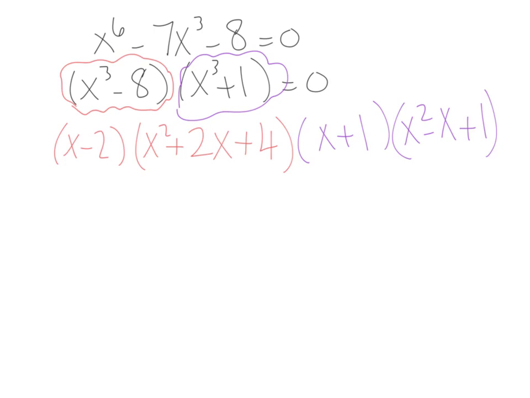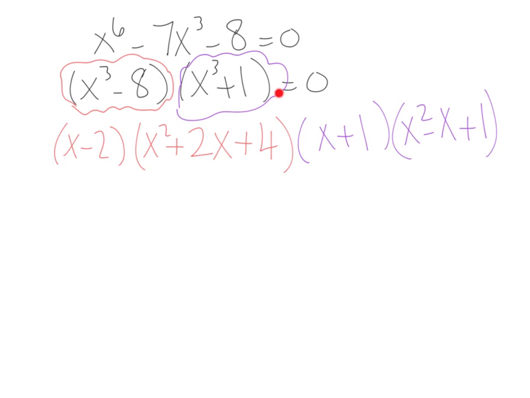So I factored x cubed minus 8 following that rule. It will be x minus 2, because 2 is the cube root of 8. And then the quadratic factor is x squared plus 2x plus 4, so ab is 2 times x, and also b squared, and then a squared.